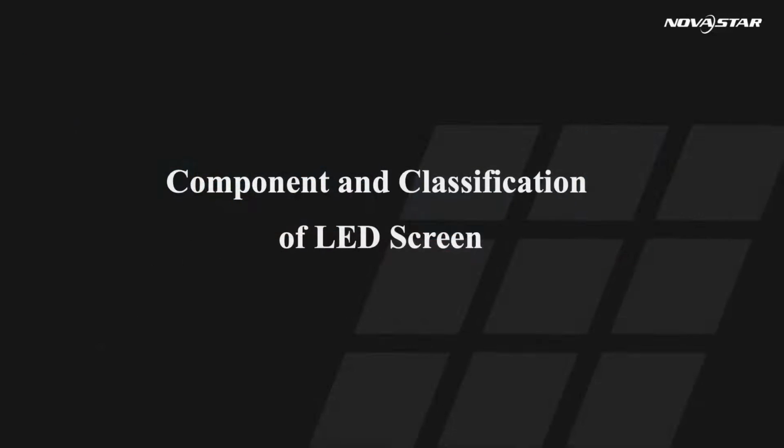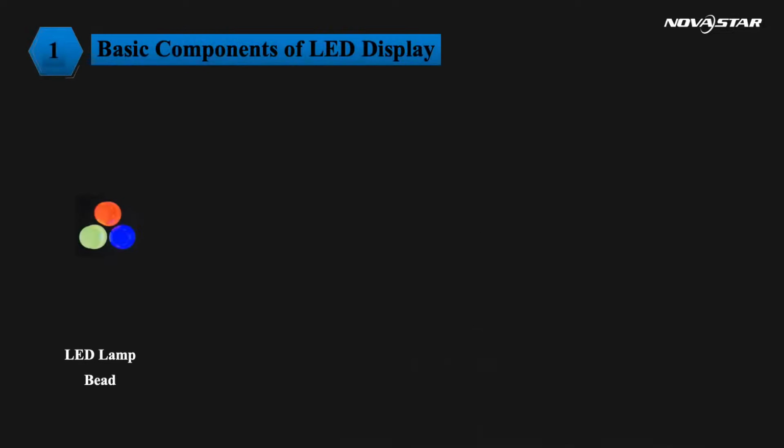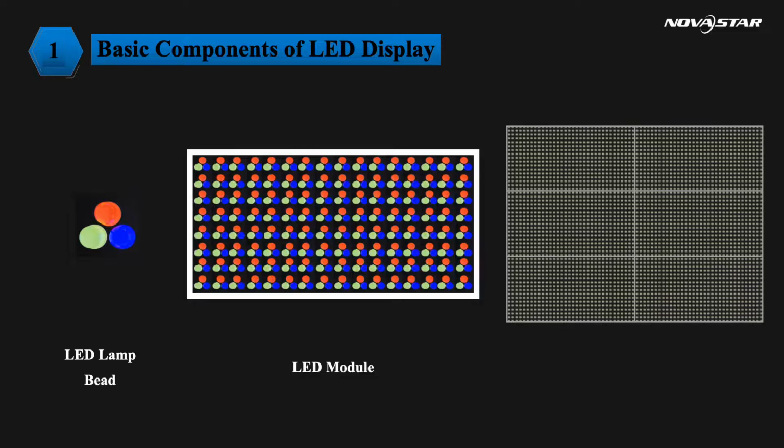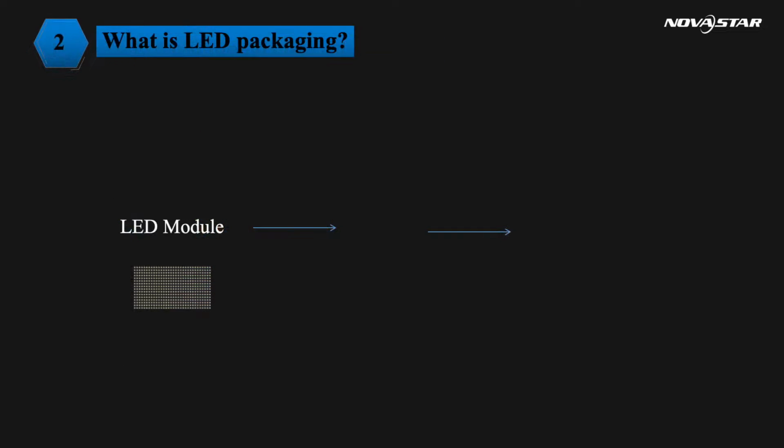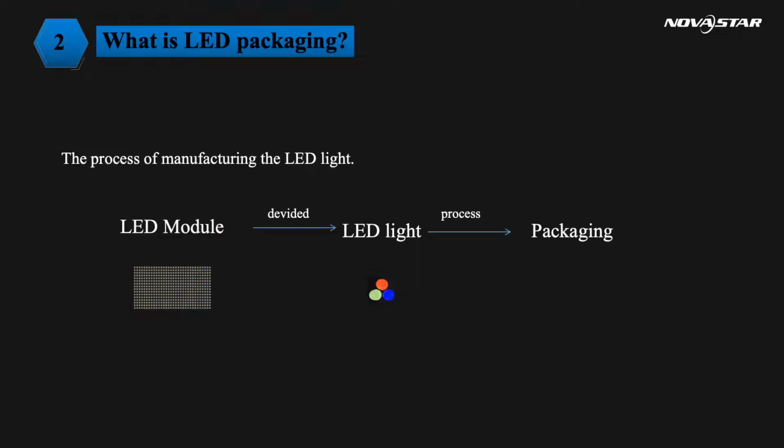Alright, since we have known the application scenarios, let's have a look at the components of LED screens. The LED module is the minimum unit that can show contents. A module consists of multiple LED pixels with RGB bits, while several modules can make up a LED cabinet. How LED pixels form a LED module is called the LED packaging.